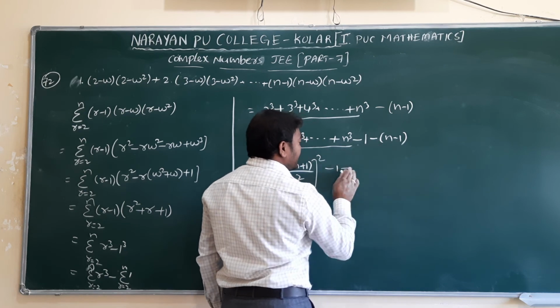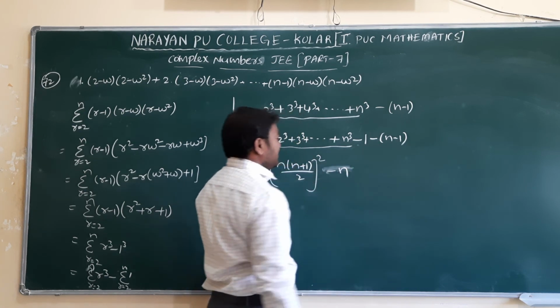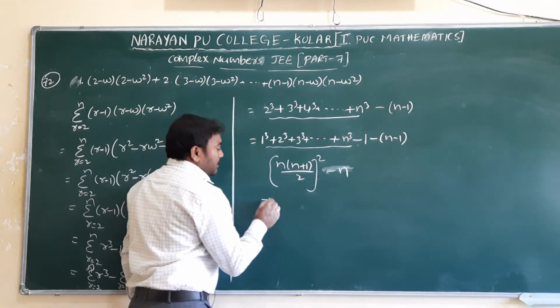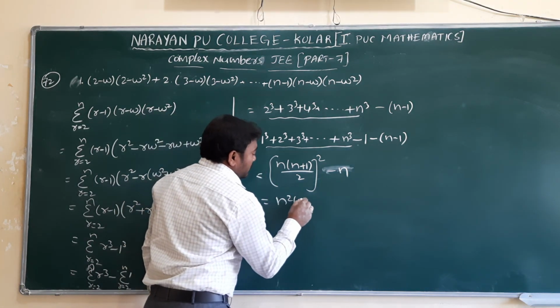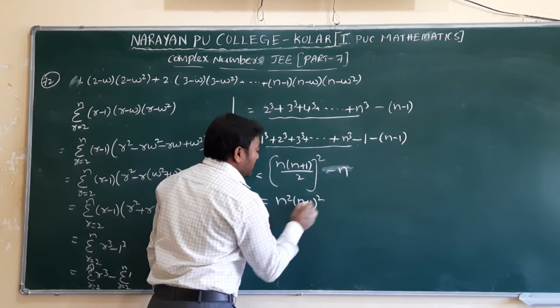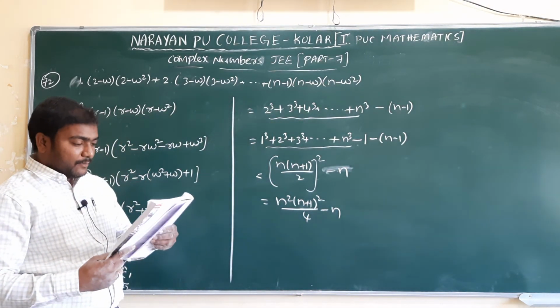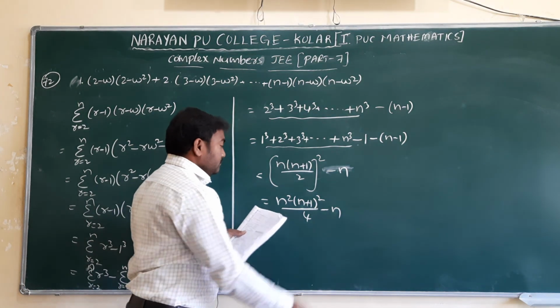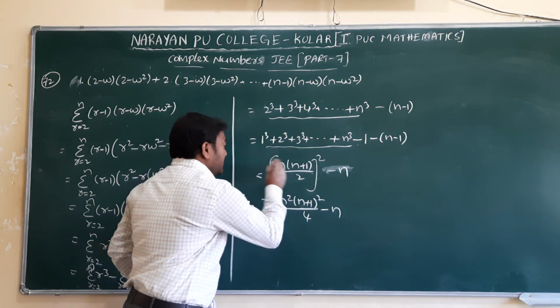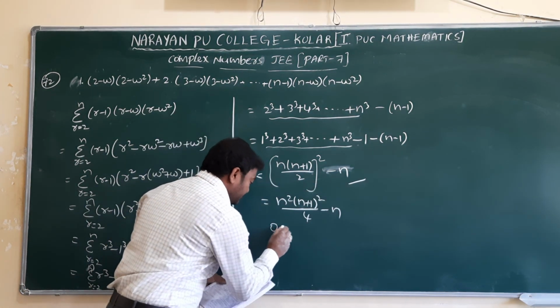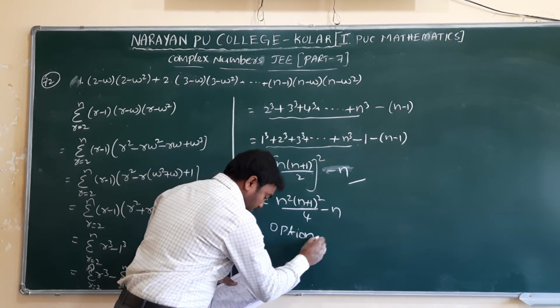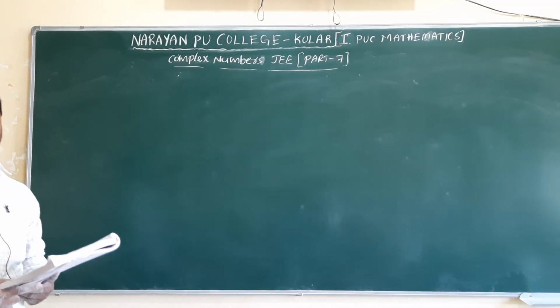The 1 gets cancelled, and remaining we get minus 1 only. Here n square into n plus 1 whole square by 4 minus n, and the options are given with only this term. Therefore, this is the answer. Option B is the correct one.